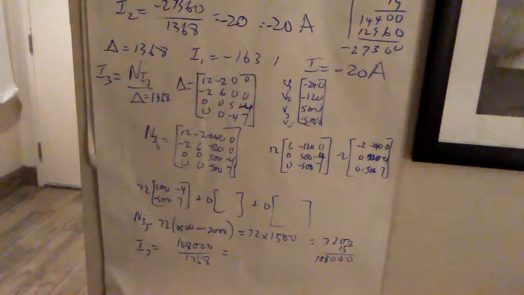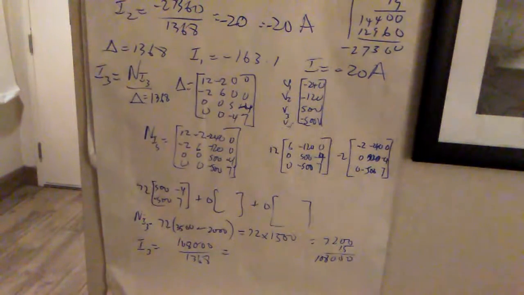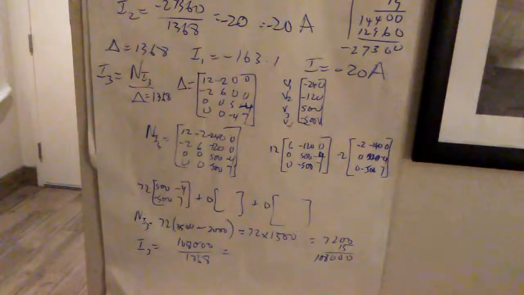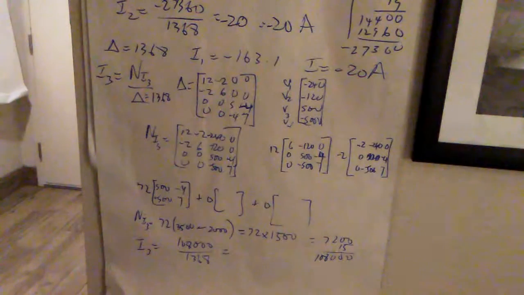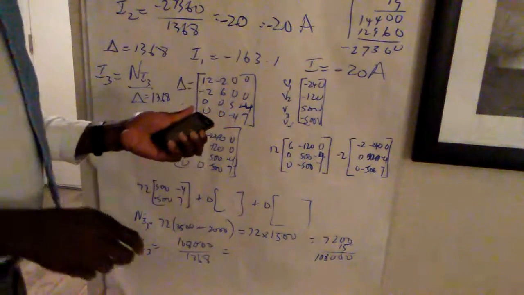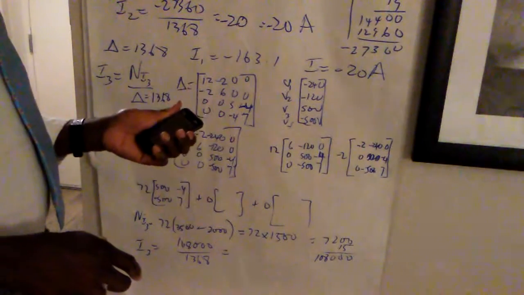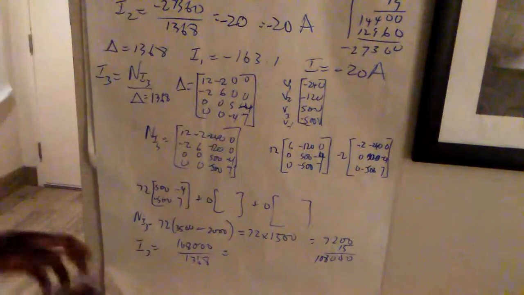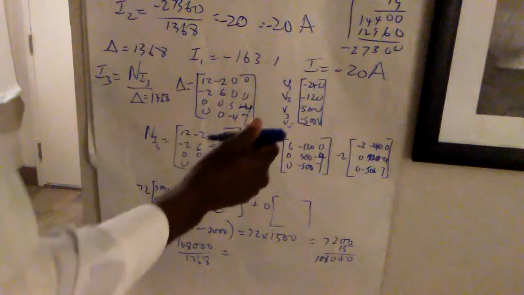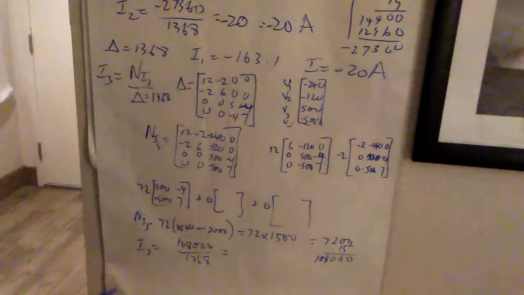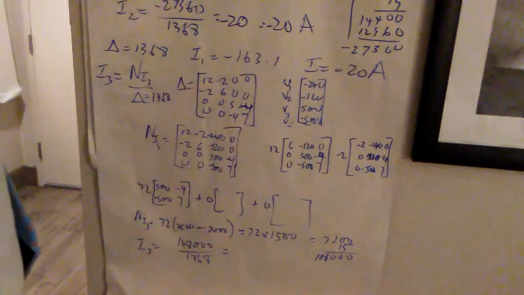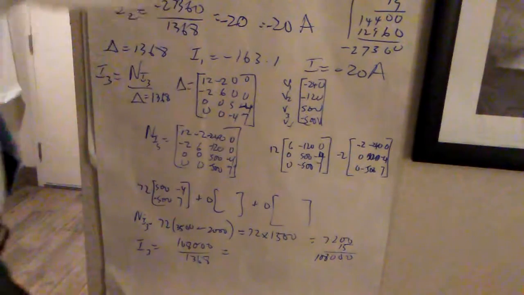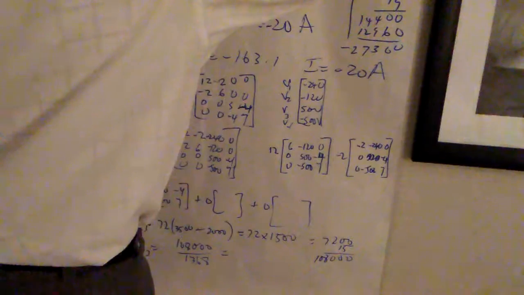Let's try to find a calculator here. So I3 is equal to 108,000 over 1368. This is the first time we get a positive current here, so I3 is really going in the right direction.